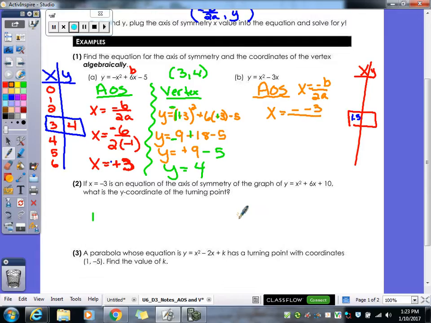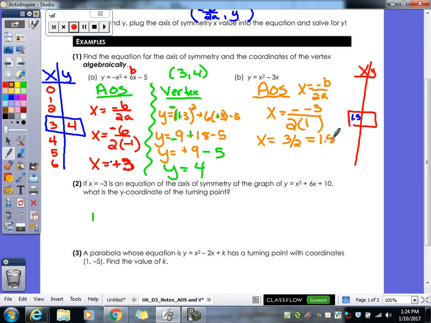So everybody see where I get the two negatives from? Over 2 times, what's the a, Aaron? Yeah. 1, good. So what happens when you get a negative 3? It changes to a what? Positive 3. Over 2. Isn't 3 over 2 1.5? So we guessed right.